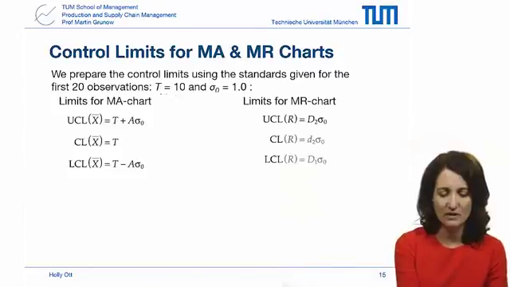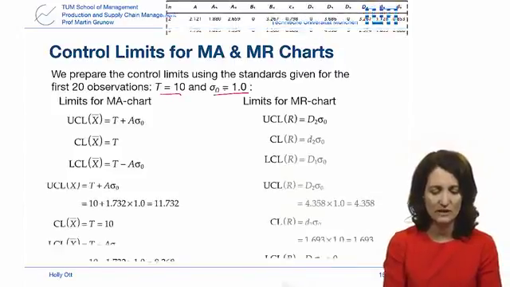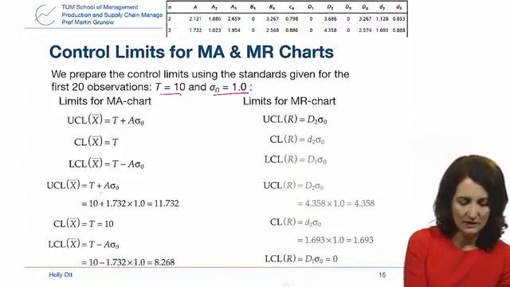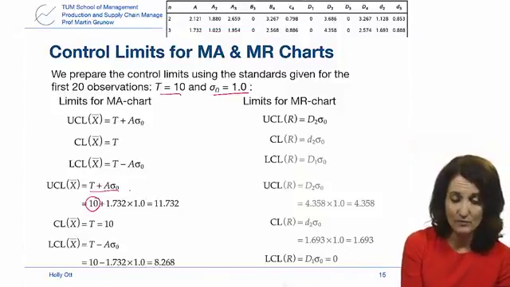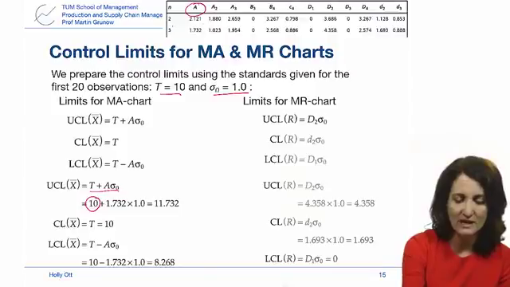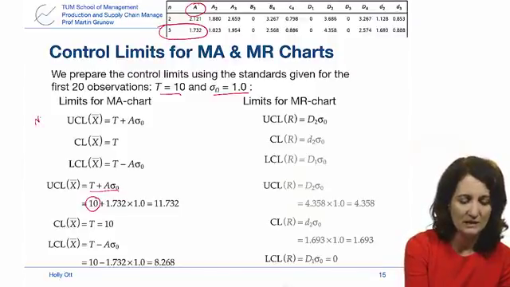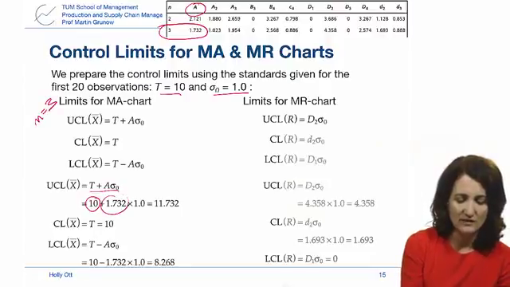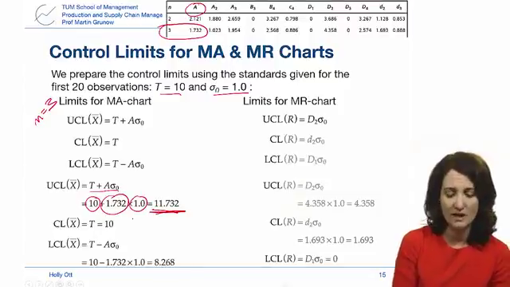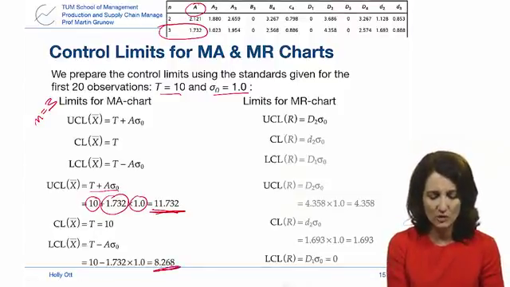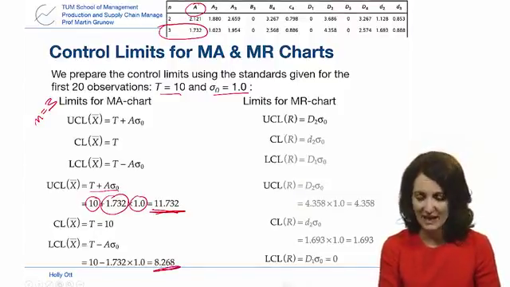But in this case, we have our T and our sigma naught, so we can calculate T plus A naught, which becomes 10 plus 1.732, our A for n equals 3 this time. This is the moving average with n equals 3, 1.732 times sigma naught of 1. We get an upper control limit of 11.732 and a lower control limit of 8.268.